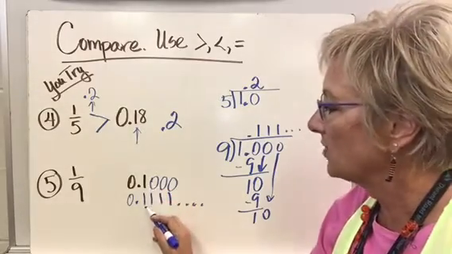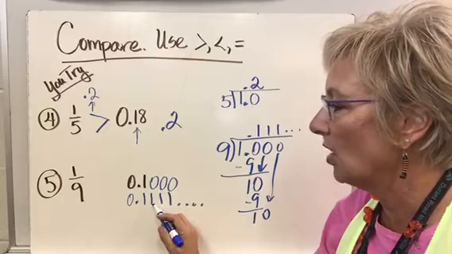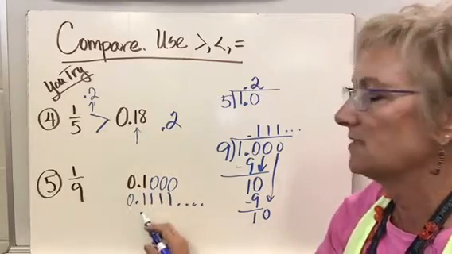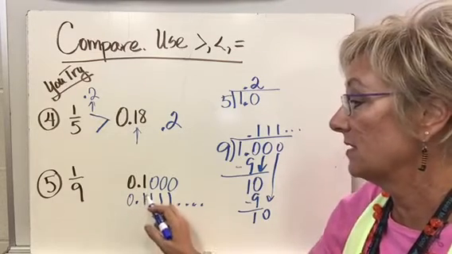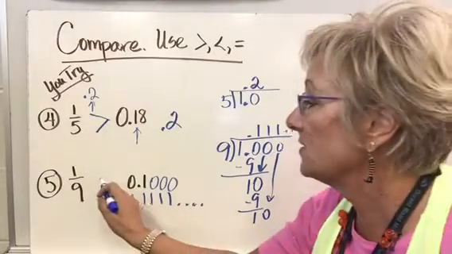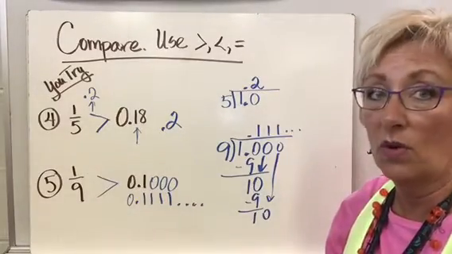And I know that the 1s are going to equal each other, but I know that 0 is less than 1. So I know that this is going to be less than the 1/9, because the 1/9 is going to be 1/10 in the tenths column, and it's going to keep repeating. So I know that this is going to be greater than 0.1 or 1/10.